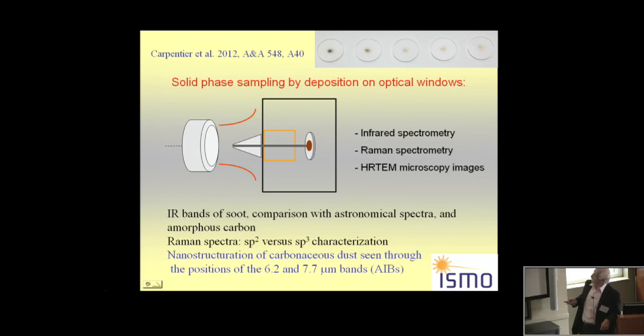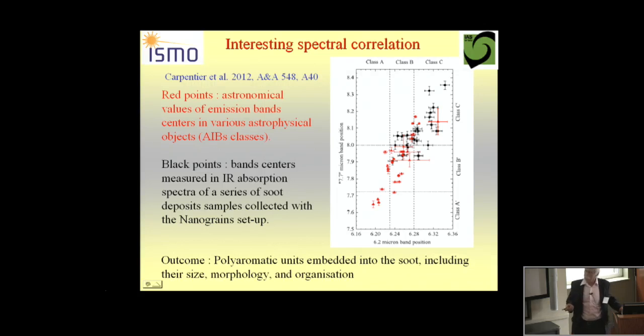And what I will show you now is that the position of the famous aromatic infrared bands at 6.2 and 7.7 are actually not always at the same place.